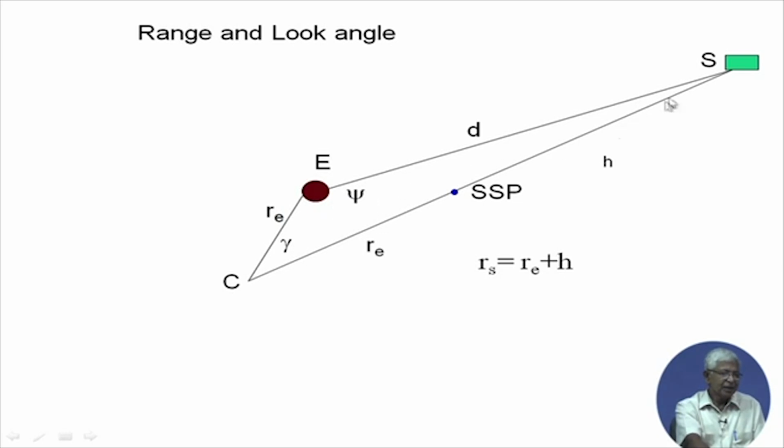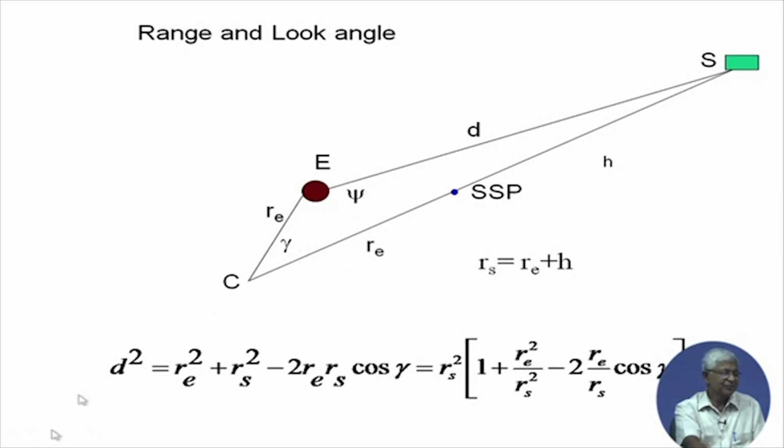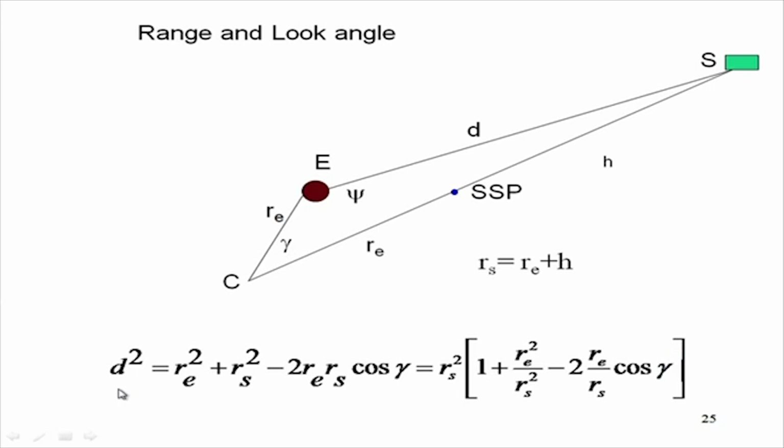So, in a triangle, to find out one side, we can use the other two sides and the angle made by them, and the standard formula is d square is re square plus rs square minus 2 re rs cos gamma.